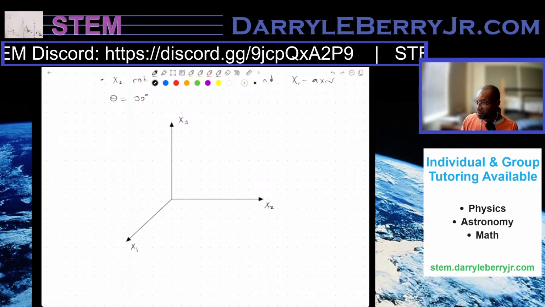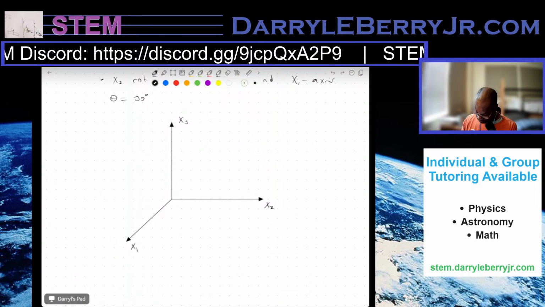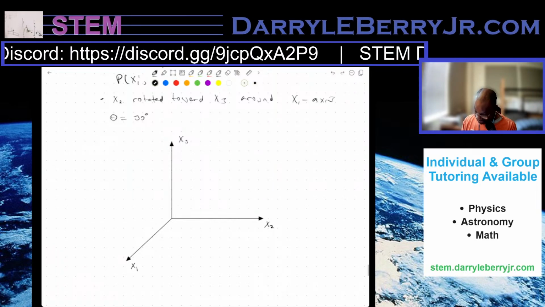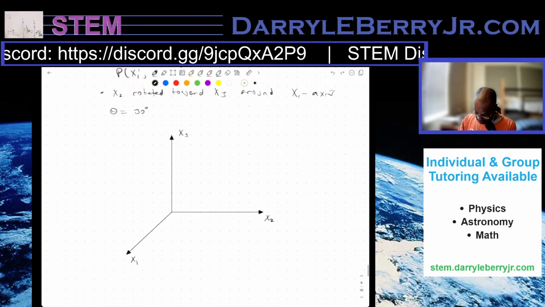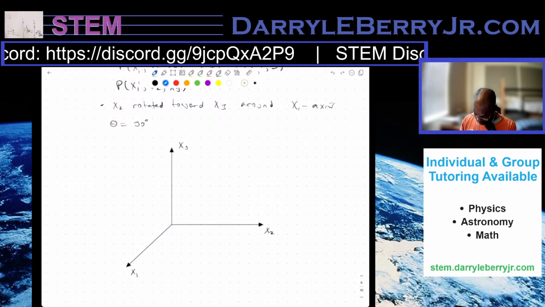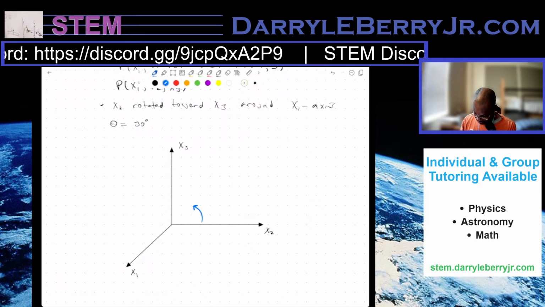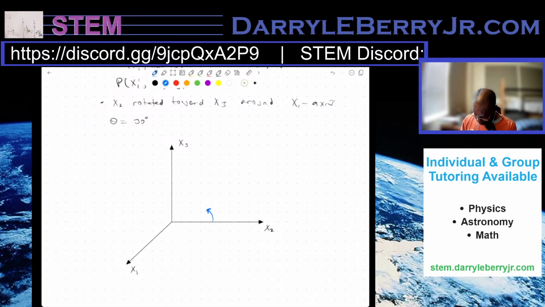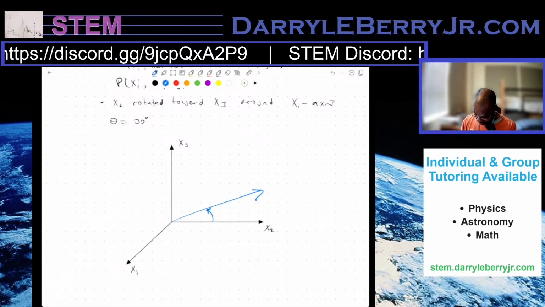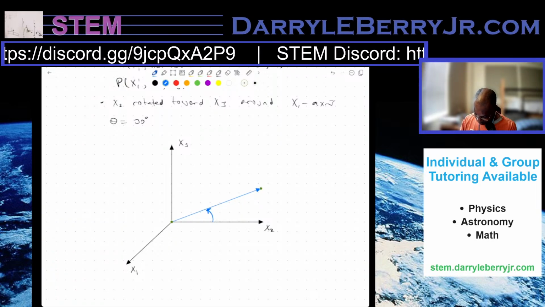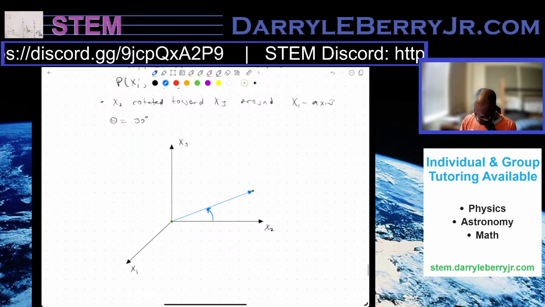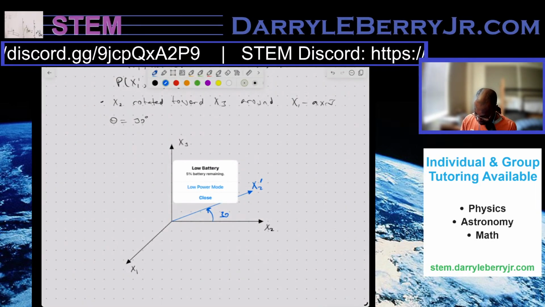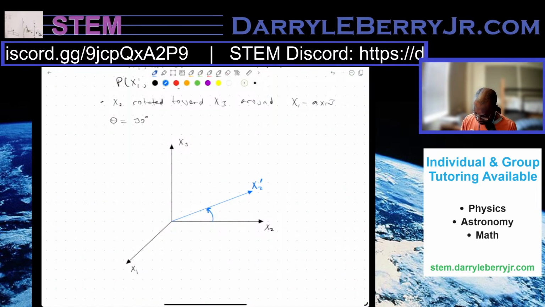And then we have x2 rotated towards x3 around the x1 axis. So we have this spinning up this way, and x2 prime, this is 30 degrees. I could say this is theta.